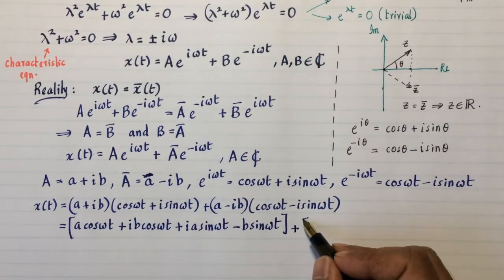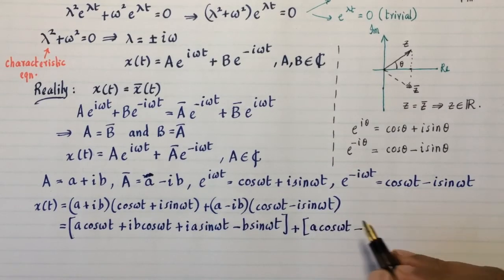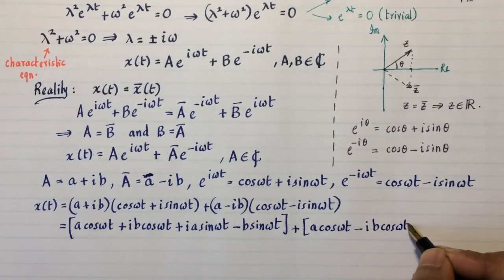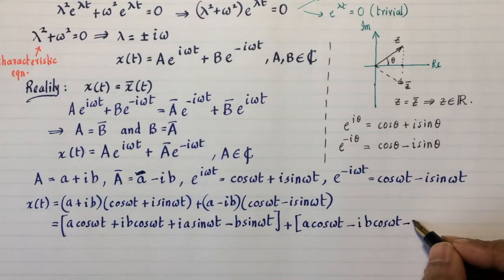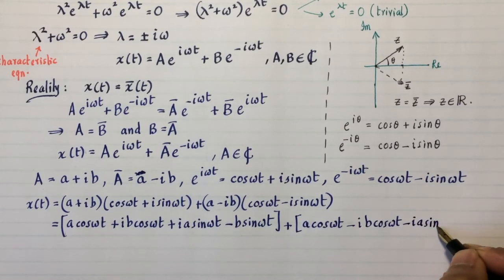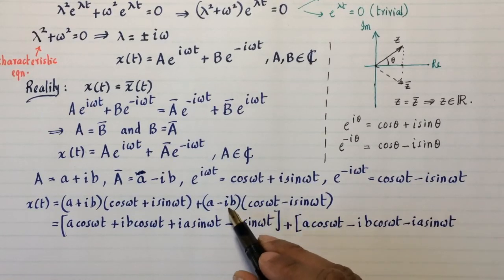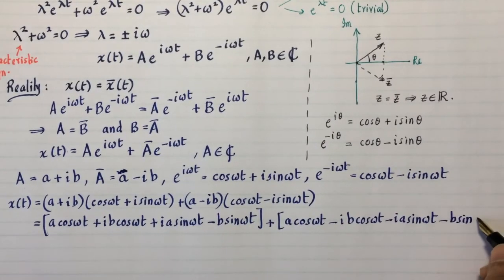So I get a cosine omega t, minus iB cosine omega t. Then I have this and this, which is minus iA sine omega t. And lastly, I have minus i and minus i. Well, minus and minus become plus. And again, i squared is minus 1. So that's minus B sine omega t.